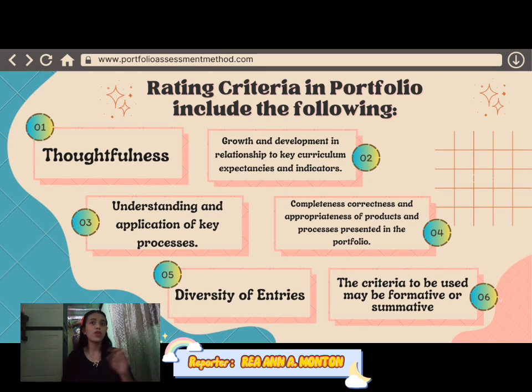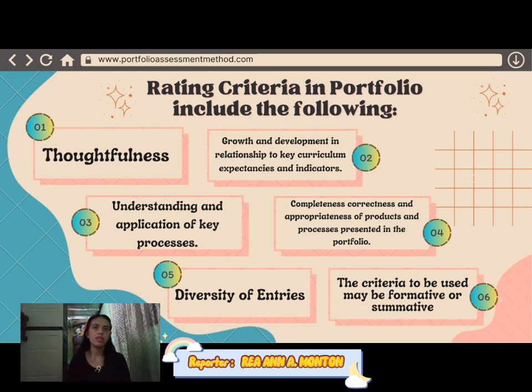So next is growth and development in relation to key curriculum expectancies and indicators. So this means or this shows if the work of students really achieves the subjects and what was really wanted to be achieved. So this criteria, it talks about the growth and development of the students, kanang na-achieve. For example, if the student really achieves the subject, if gi-connect ba nila sa goal sa teacher, sa instructional goal sa teacher, kung i-connect ba nila ang ilang paghimo sa portfolio to the subject.